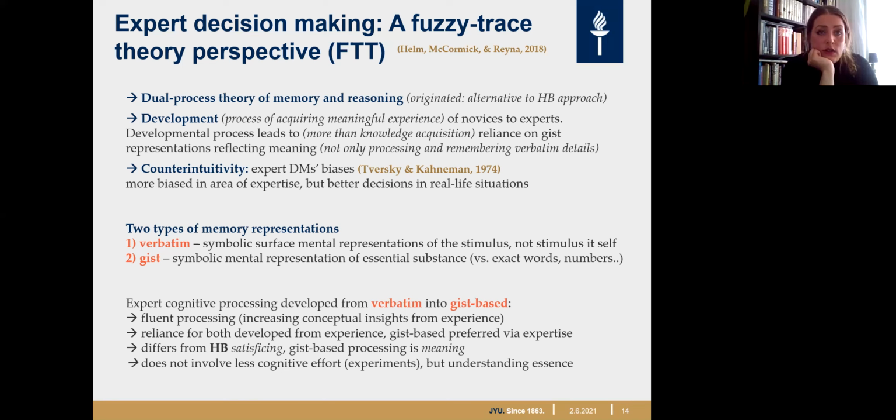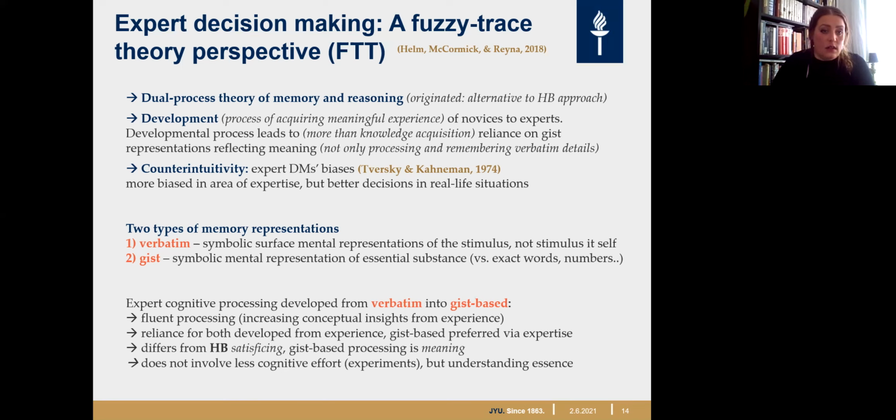So the FTT is based on two types of memory representation. The first one is verbatim. So it's symbolic surface mental representations of the stimulus, not the stimulus itself. So there's the difference between pictorial and mental representation. So it's symbolic representations, for example, of exact words, numbers, and things like that.